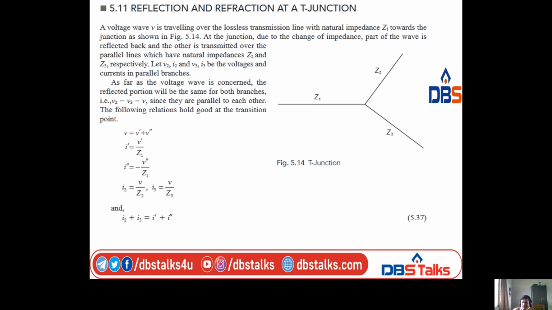At this junction, due to the change in impedance, part of the waveform is reflected and part of the waveform travels along the parallel lines, that is impedances having Z2, Z3 respectively.